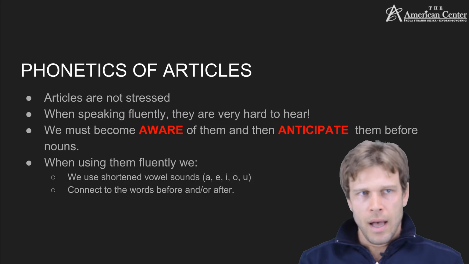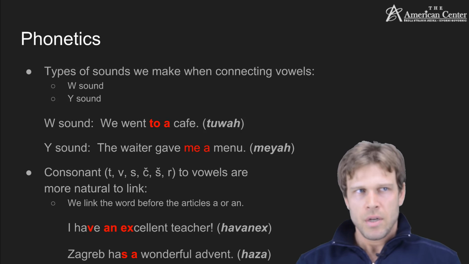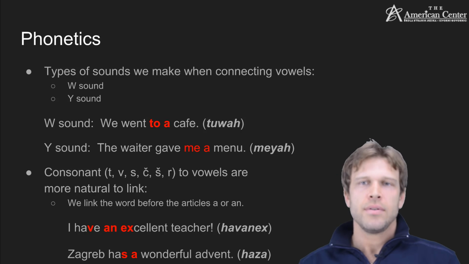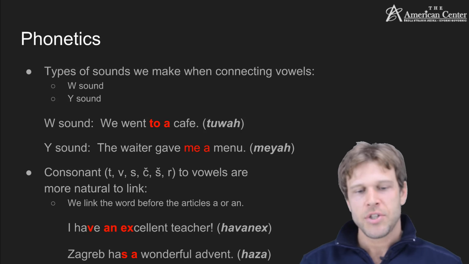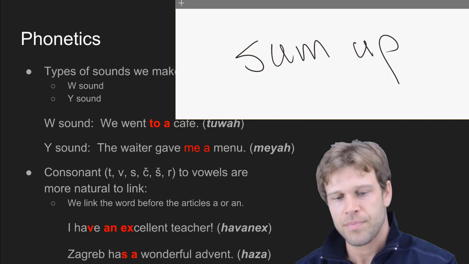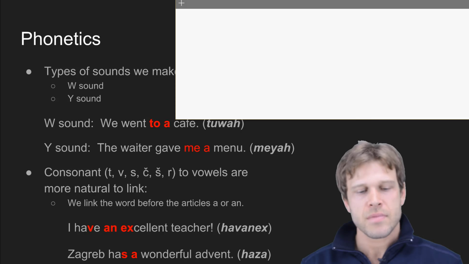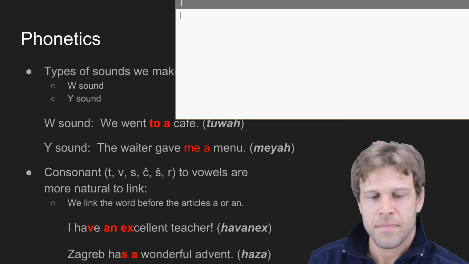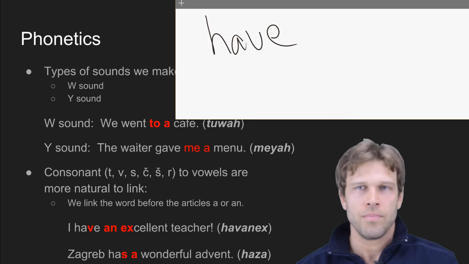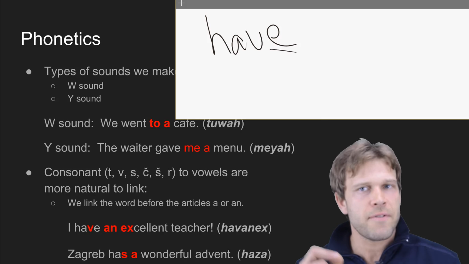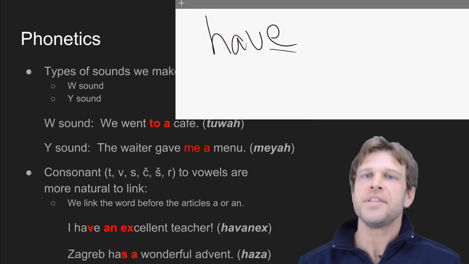Now, this means, okay, when we're connecting vowel to vowel sounds. I didn't say how the word was spelled. So, for example, okay, have. Okay, have ends with a vowel. Now, does it produce a vowel sound at the end? Very good. It does not.